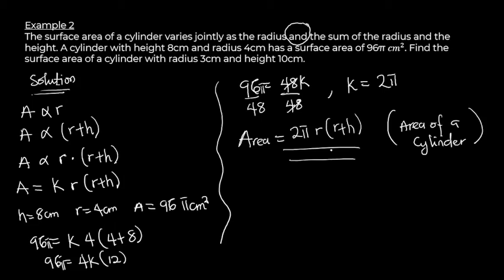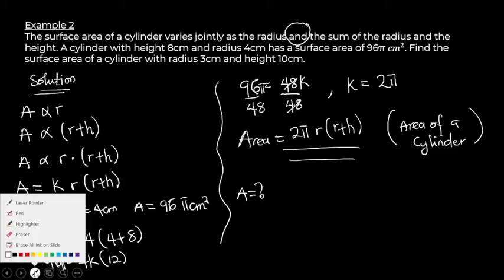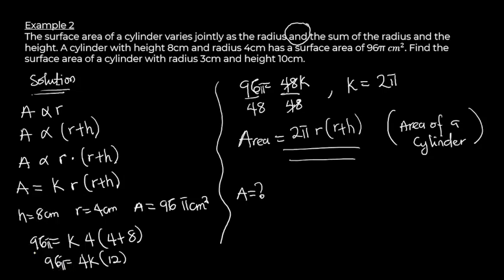So let's proceed. We have to find the surface area, so in the second aspect, we don't know the surface area of the cylinder when the radius is 3 centimeters and the height is 10 centimeters.